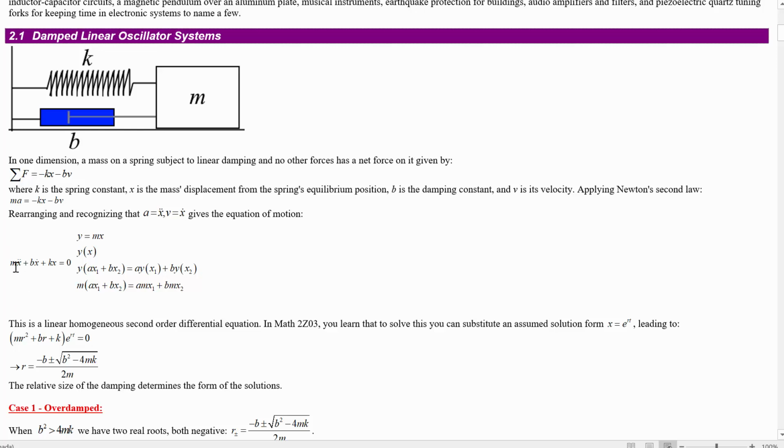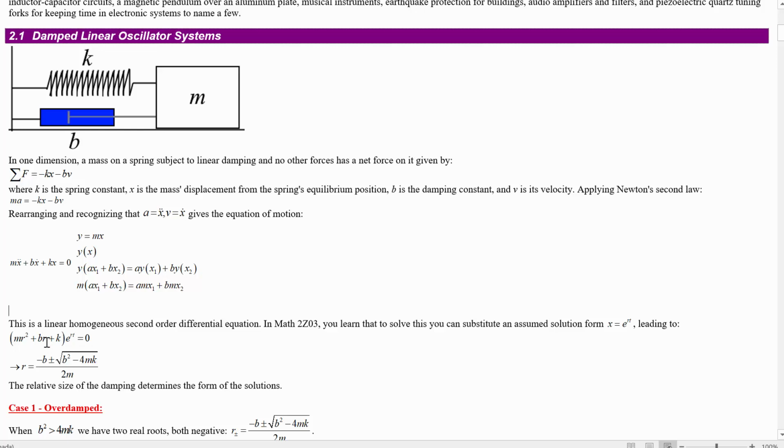Well, that depends on what the coefficients are of the dependent variable term, so the x and its derivatives here. In this case, we have constant coefficients, so you can find a solution by assuming that x is e to the rt and then seeing if you can get that to work. It turns out you can, as long as r is certain specific values. So by substituting this in, you can check this for yourself.